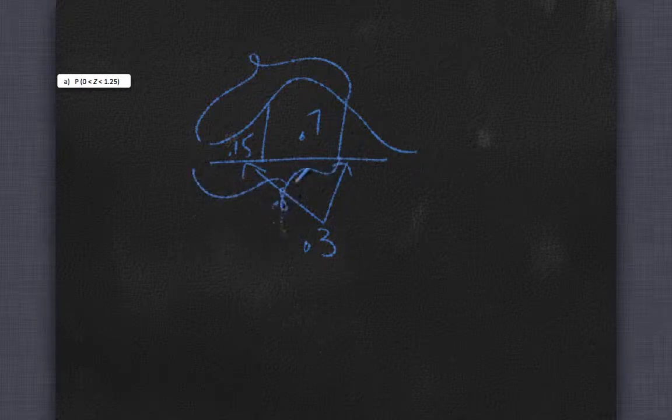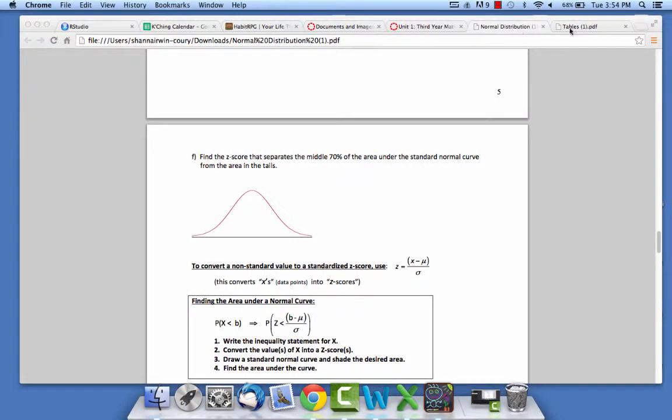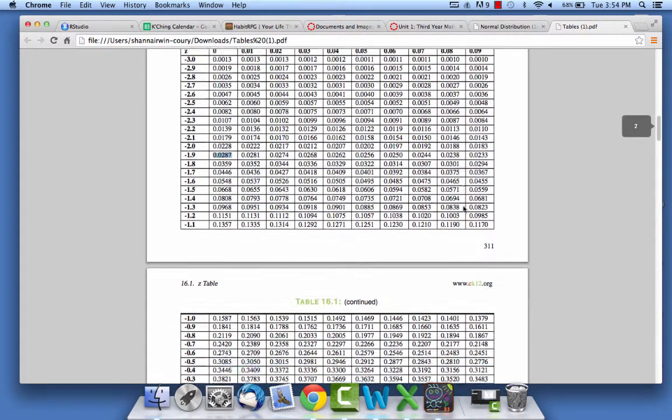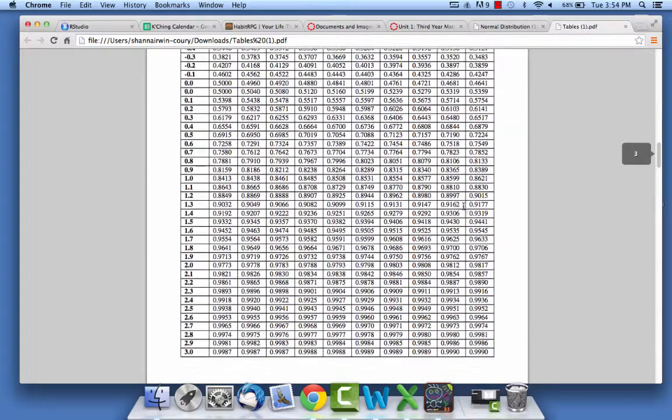So 0.85 is the total to the left. So I look for 0.85 right there. 1.04.